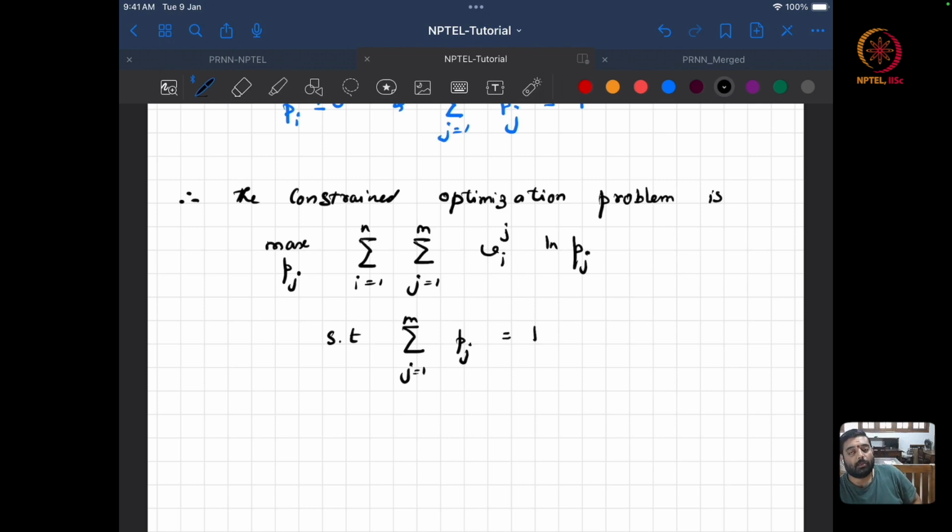Okay. Now, we have two constraints, right? Each Pj has to be greater than 0, right?